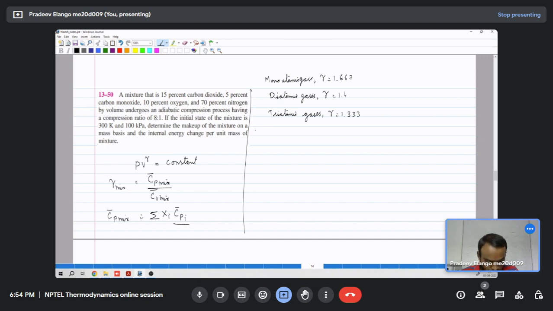So we can calculate for carbon dioxide. Gamma of CO2 is 1.333. That is, Cp bar of carbon dioxide by Cv bar of carbon dioxide is 1.333. And we know Cp bar of CO2 minus Cv bar of CO2 is equal to R bar, that is 8.314.